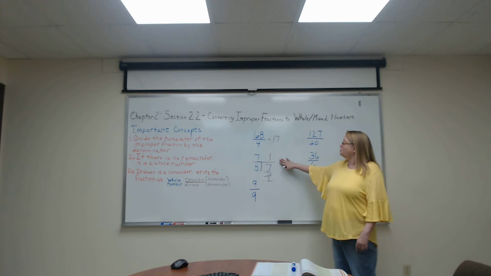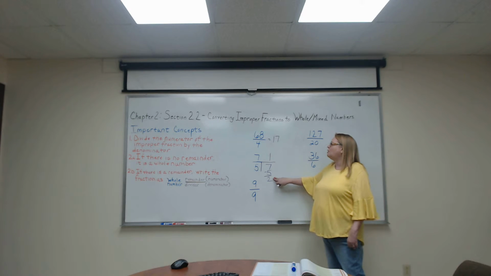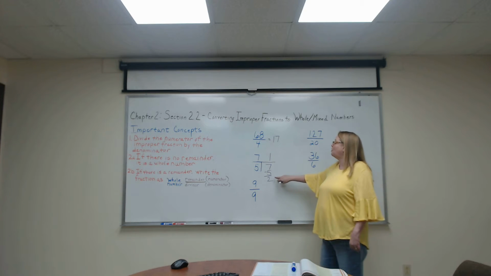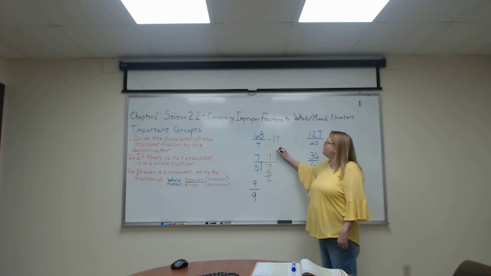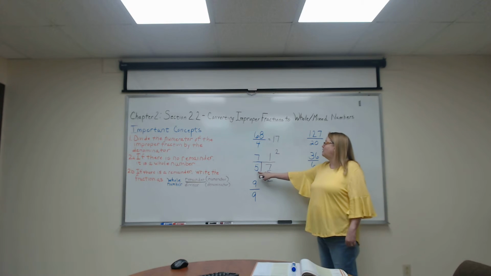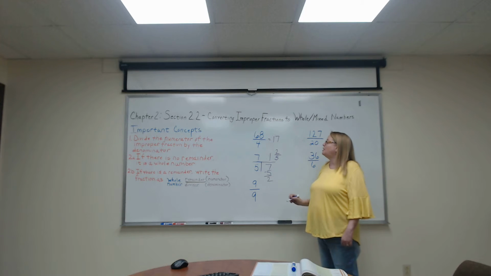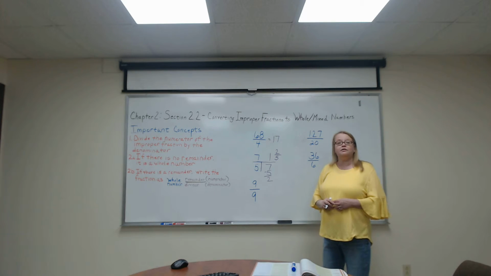So for a problem such as this, because we do have a remainder, our remainder becomes the numerator of the problem, and then our denominator is actually the divisor in the problem.